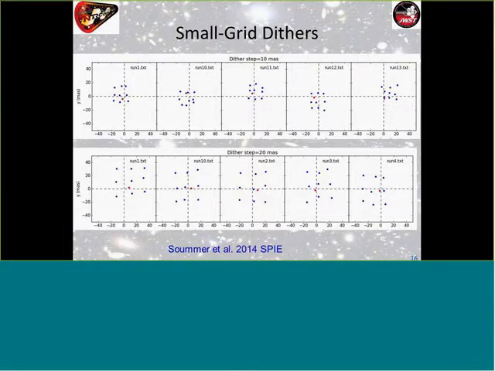To improve coronagraphy, people at Space Telescope Science Institute have been looking at a scheme where you would do very small, milliarcsecond dithers on a small grid. Some patterns are shown here, so that one can compensate for the fact that you can't roll quite as much with JWST as HST. And on these plots, the bottom one is the easiest one to look at here.